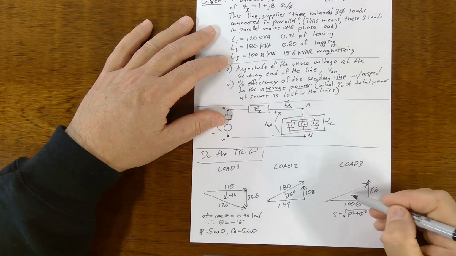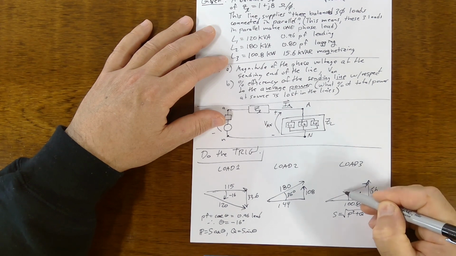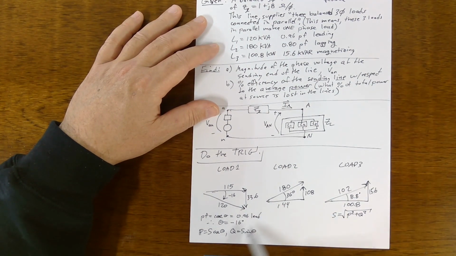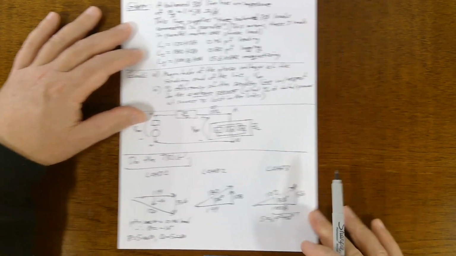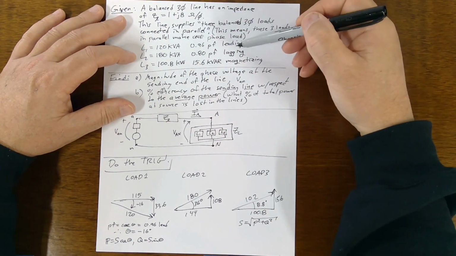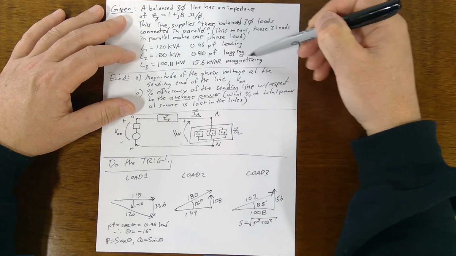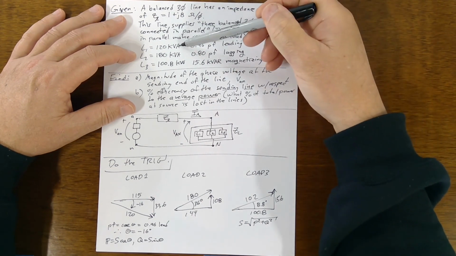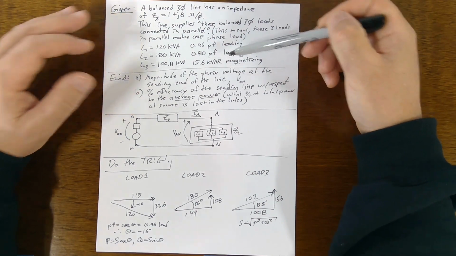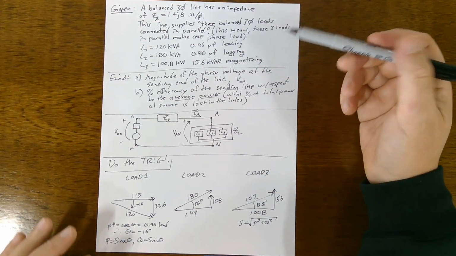And you could use arc tangent and get 8.8 degrees in here, and this works out to be 102. So I skipped some of the detailed steps, but go review your triangles, and this is enough information to construct these, as long as you keep in mind what leading, lagging, and magnetizing mean, and the different units of power: volt amperes, kilowatts, and VARs for P, Q, and S.